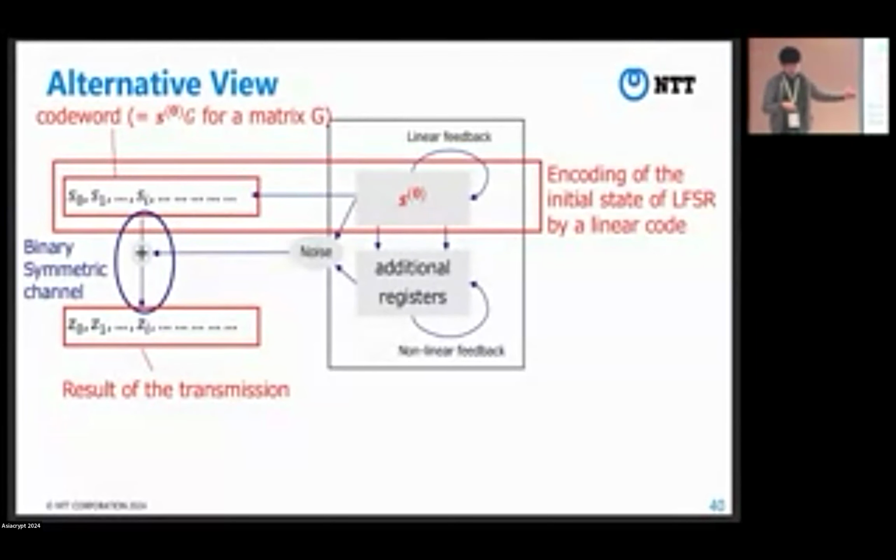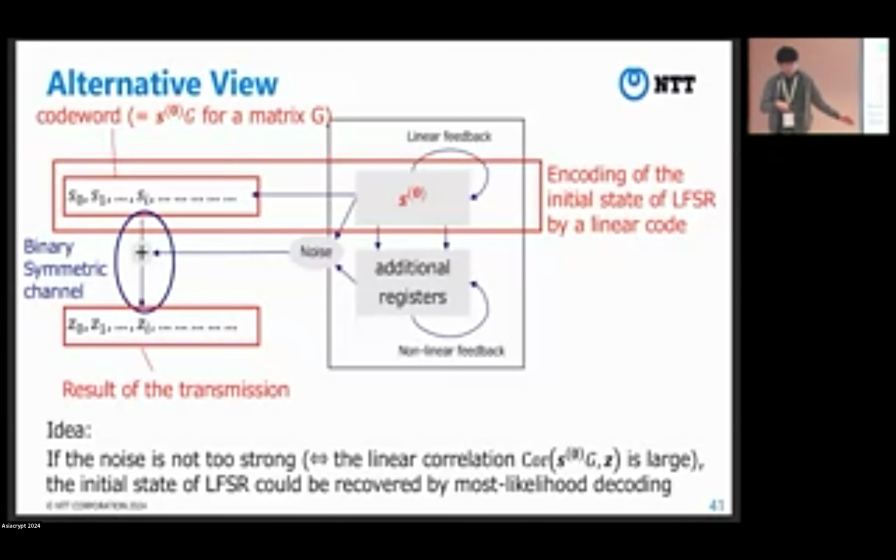And the key stream can be regarded as the result of the transmission through the noisy channel. The idea behind the fast correlation attack is that if the noise is not too strong, or the linear correlation between the LFSR sequence S and the key stream bit Z is large, then the initial state S0 can be recovered by performing some maximum likelihood decoding.